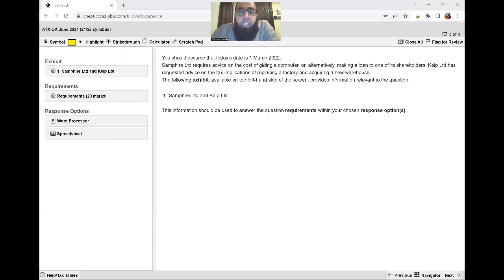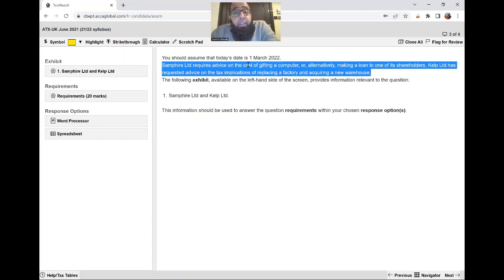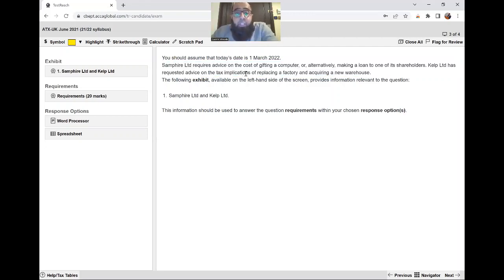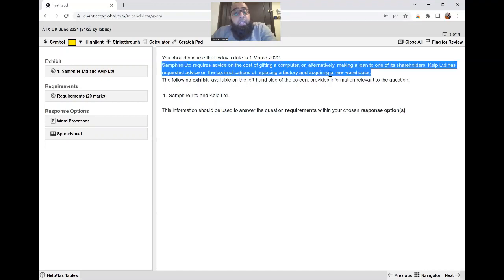Let's start. You should assume that today's date is 1st March 2022. Samphire Limited requires advice on the cost of gifting a computer, or alternatively making a loan to one of its shareholders. Calp Limited has requested advice on the tax implication of replacing a factory and acquiring a new warehouse.